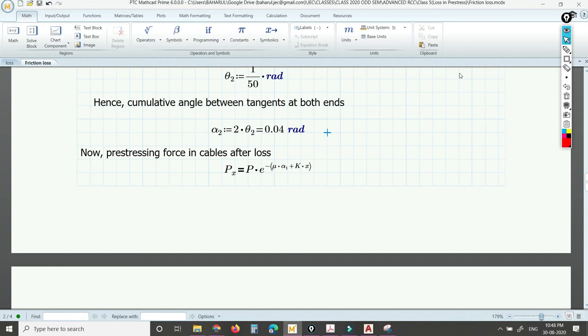Now you can see here that this is an exponential function.